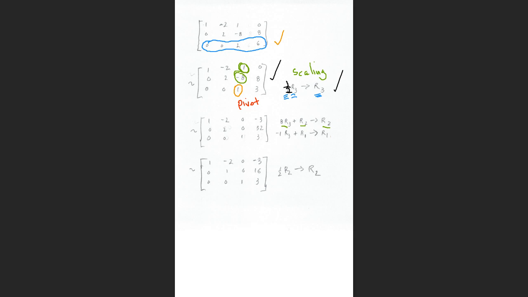So I'm going to take 8 times the third row, add it to the second row, put that result in the second row. That'll give me 0x1 plus 2x2 plus 0x3 equals 32. And then I'm going to take -1 times the third row, add it to the first row, put the result in the first row.